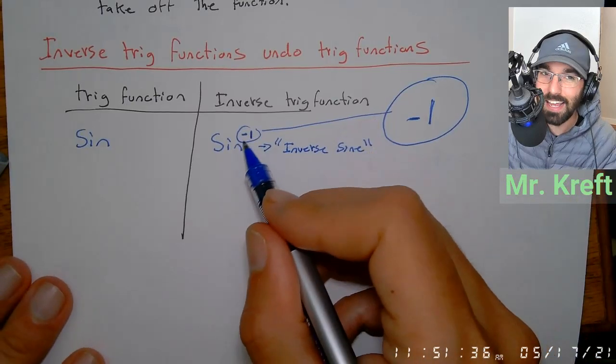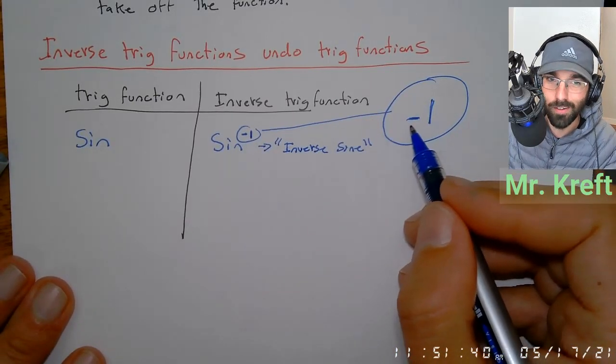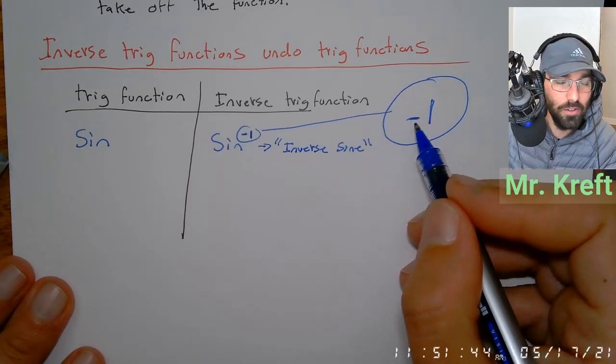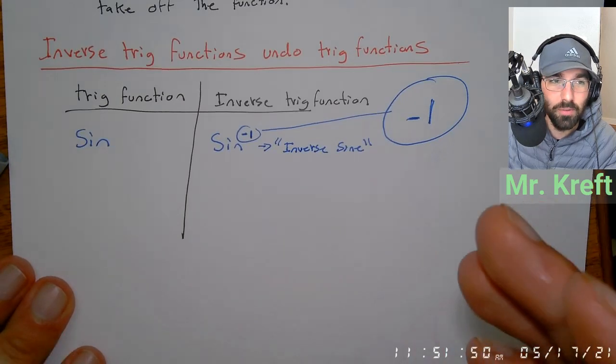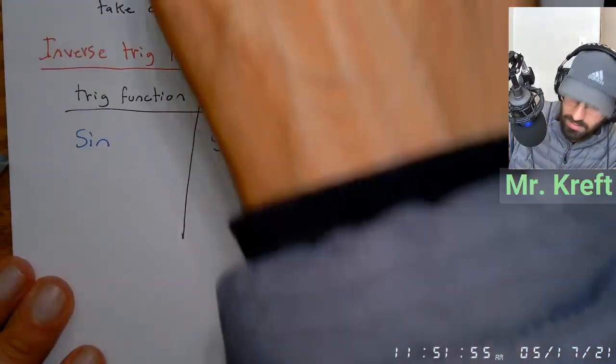Again, it's not a -1. It's like a 1 with a little bar on the floor. Not in the middle, not up high, a bar on the floor. We pronounce this as inverse sine.